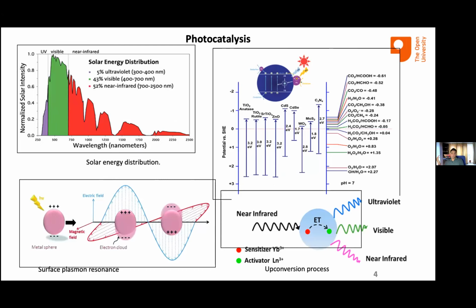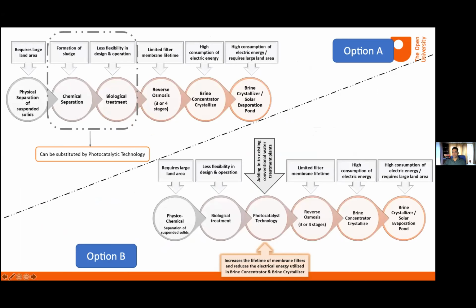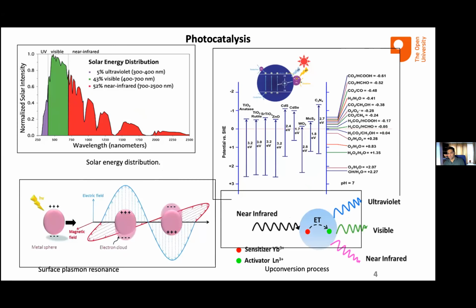We need to look at earth-abundant materials, so that we are not working on blue sky research where the material is not earth-abundant even though the efficiency is higher. So the natural material which we are using is TiO2, titania in anatase or rutile phase, and then we are working on new 2D materials, including MoS2 and TiO2, to tune the band gap in such a way that we can reduce all these organic components coming out of the textile industries.